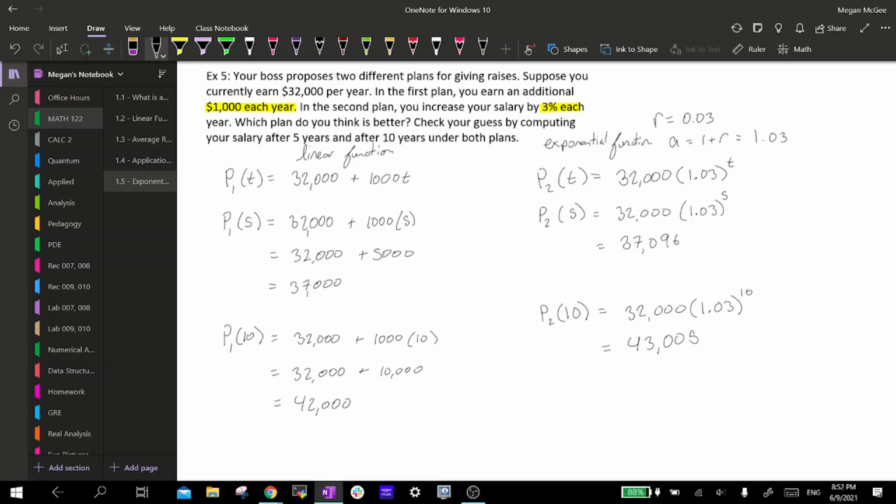So here it's now a difference of $1,005, and it's only going to become a greater difference from there. So the exponential function, so the second option would be the better option. You would get a higher salary in the end.